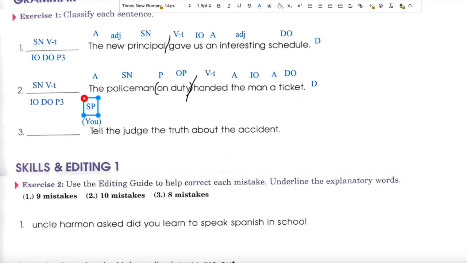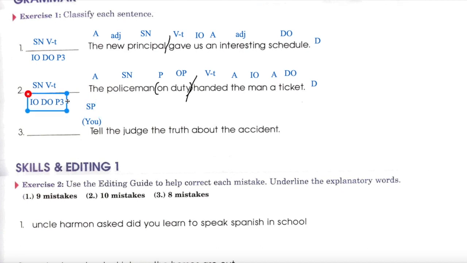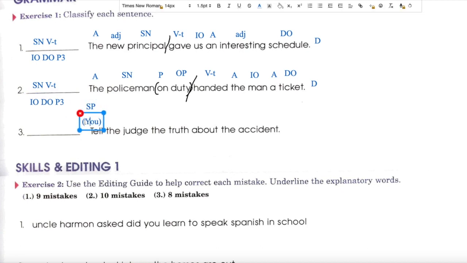What is being said about you? What do you do? Tell. It's kind of hard to fit all of this here. I'll move over you a little bit. All right, so tell is our verb.